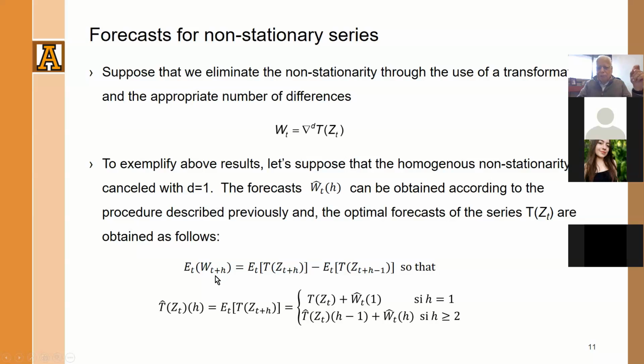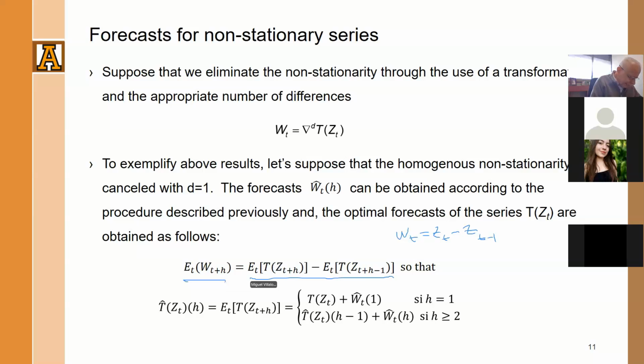Remember that W_{t+h} is Z_{t+h} minus Z_{t+h-1}; we're taking one difference, so W_t is Z_t minus Z_{t-1}. So the conditional expectation of W_{t+h} is going to be this difference.